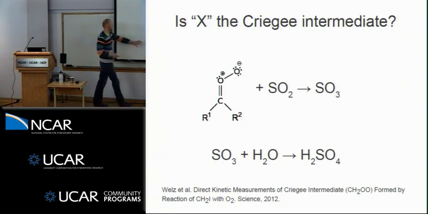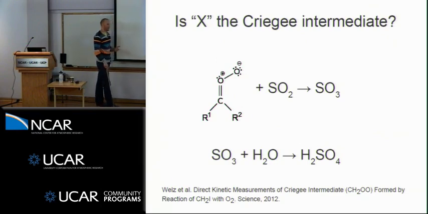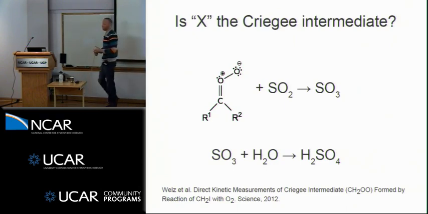But both the Mauldin paper and the Welz paper showed that the reaction rate between SO2 and the Criegee intermediate needs to be a good deal faster than what was thought before. What this means is that in regions where we have alkenes, we're going to be forming the Criegee intermediate. We're going to be creating more sulfuric acid. We can have more nucleation and potentially more growth.